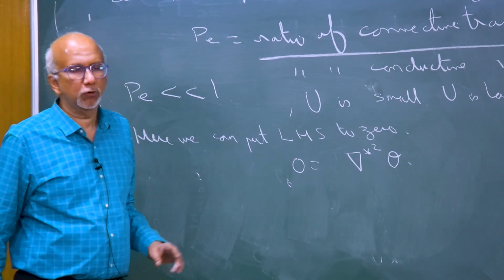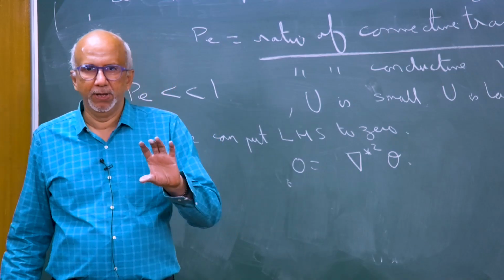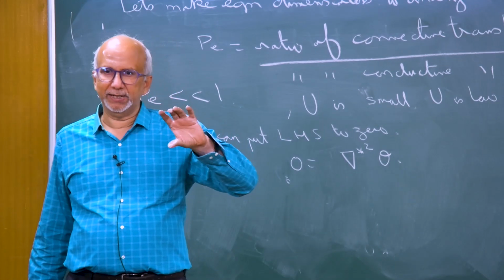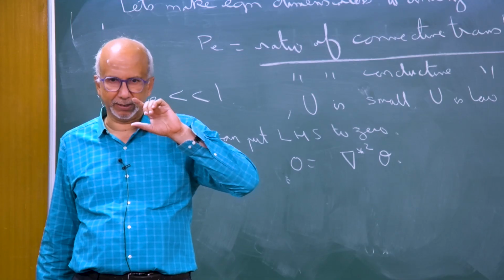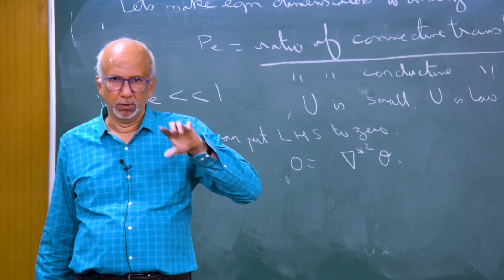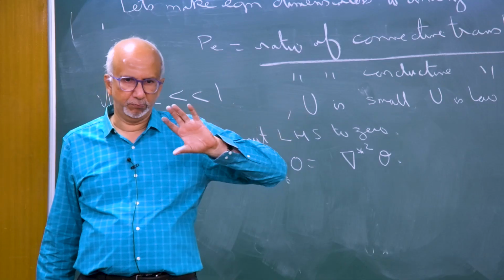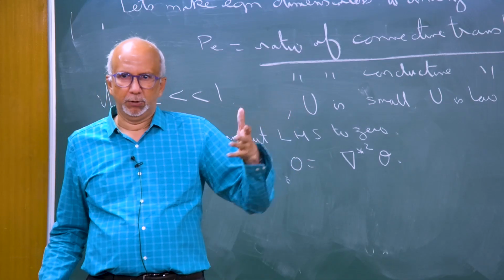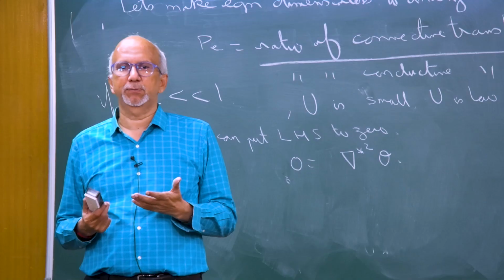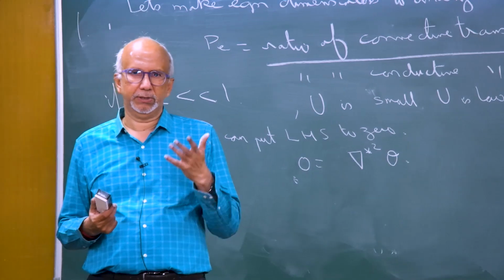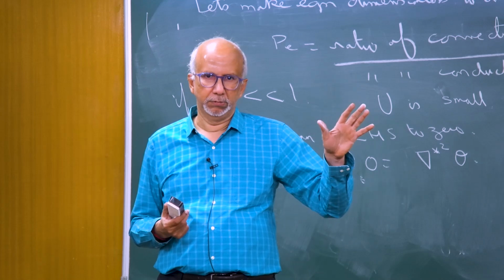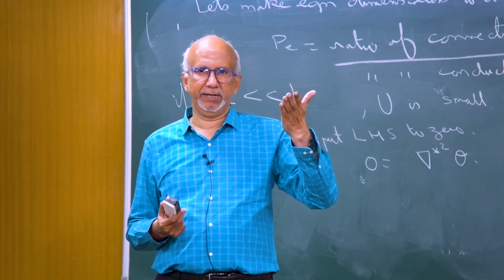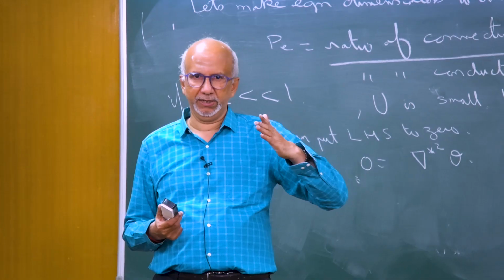So in this particular problem it is only conduction which is important. This is the case when the Peclet number is very, very low, when the fluid velocity is very small. Only transport that is going to take place is because of conduction. The del square T term. So there is conductive transport in the radial direction, there is conductive transport in the z direction.